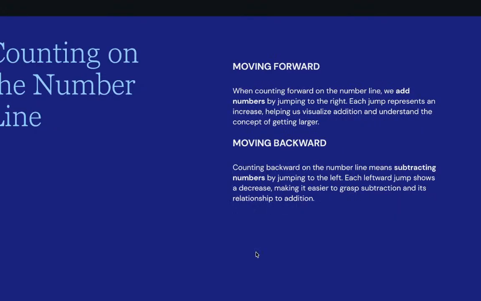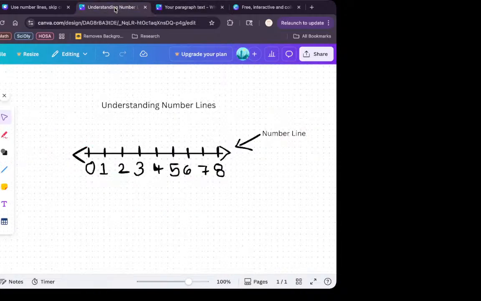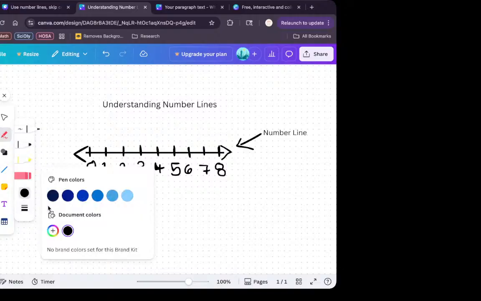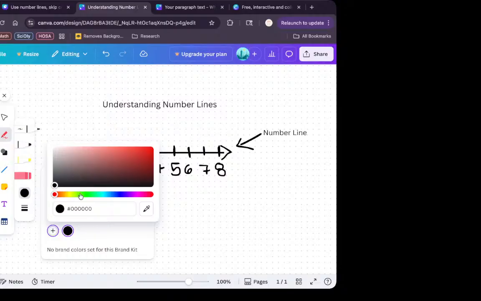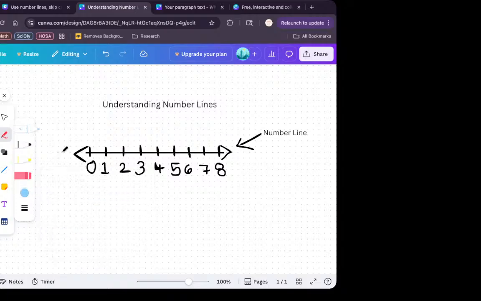Let's go back. Here we go. So we're going to color moving forward green. Or we could just use light blue, that works.